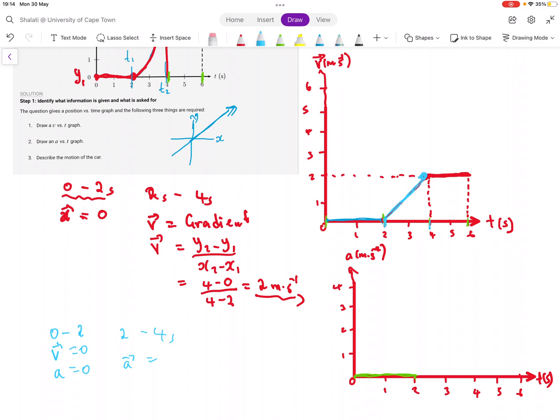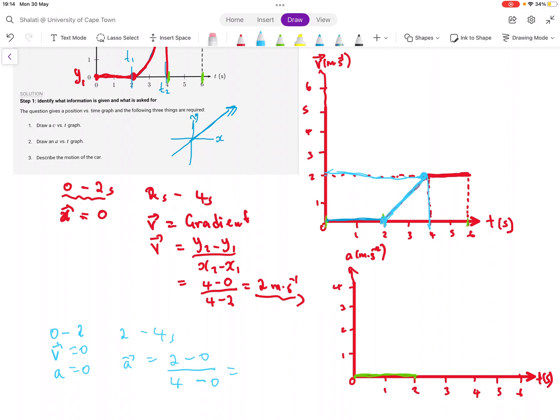Y2 here is going to be 2. Y1 is at 0. X2, since this is Y2, your X2 will be here at 4. So you have 4 minus X1, which is at 0.